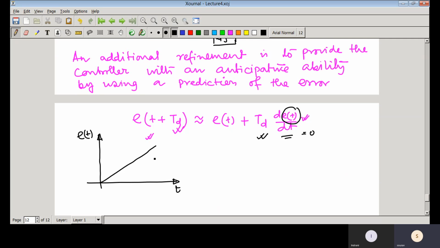So that means whenever error is varying, then only the derivative action takes place. So here you have seen that it predicts the error td time units ahead.